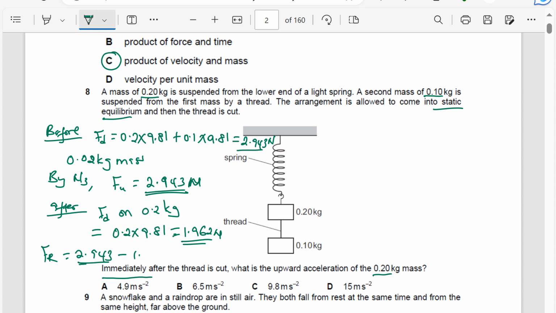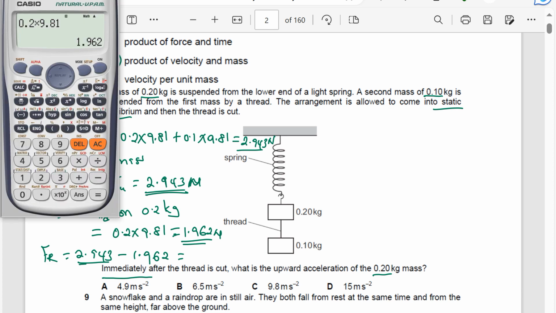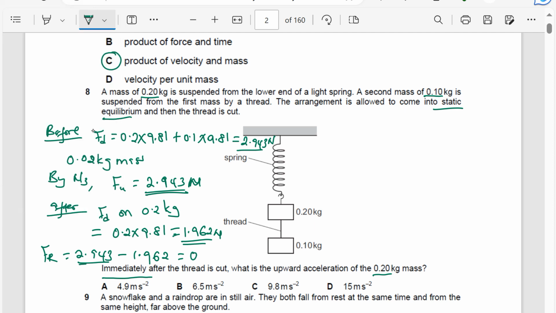So this will be minus 1.962, which gives us the difference, 0.981. So this is 0.981 newtons. That is the resultant.